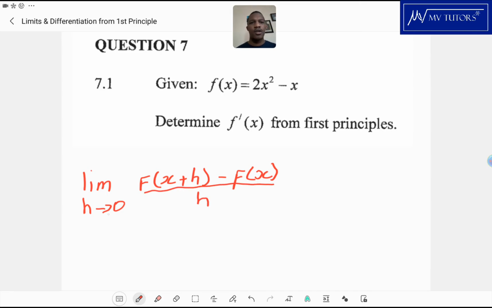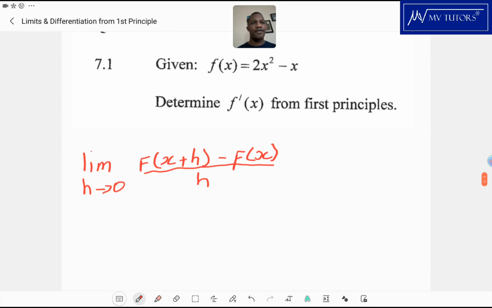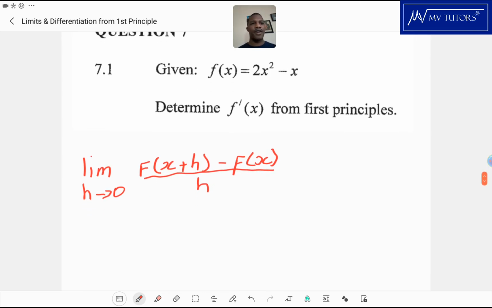As you can see, you can't just simply substitute h because it's going to give you a denominator of 0, which will make the whole thing undefined. So we have to actually deal with it, factorize and try to simplify it.